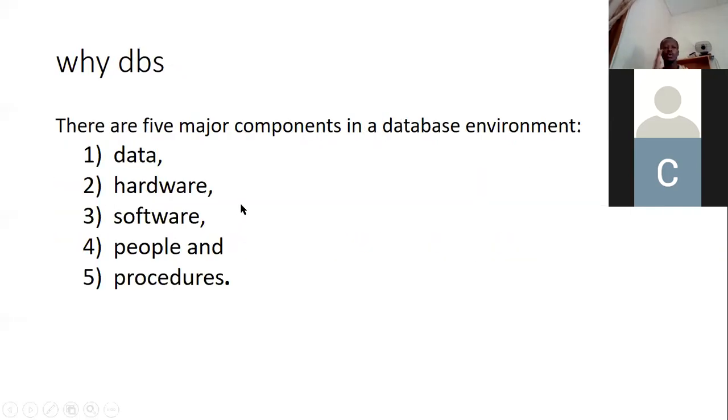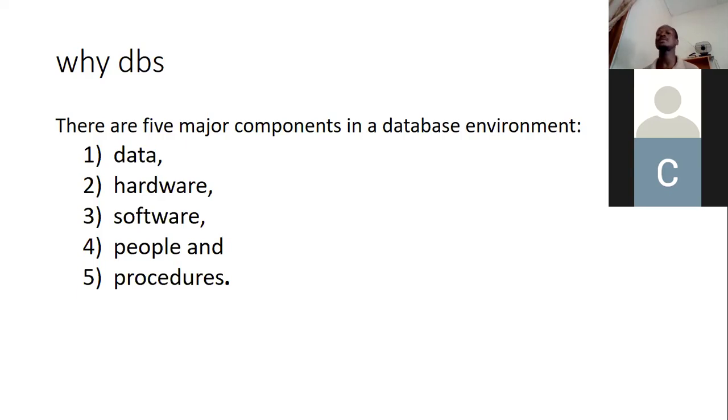So there are 5 major components in the database environment. Of course, I think we should all know that. We have the data. This sounds like the GIS definition, isn't it? Hardware, software, people, procedures. It doesn't really need much talking about, but the same things that we said about GIS seem to be the same here.